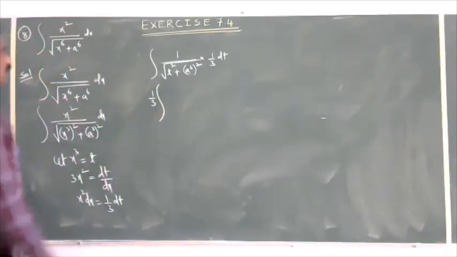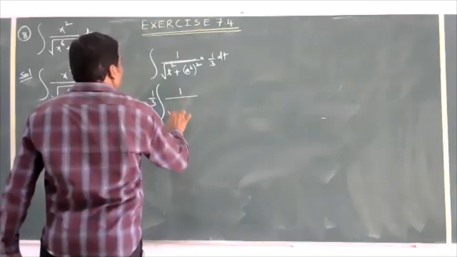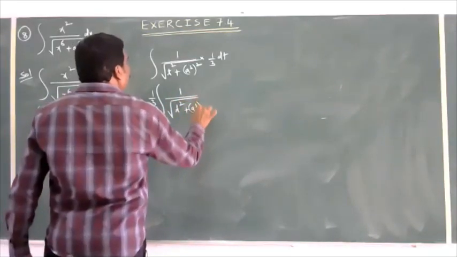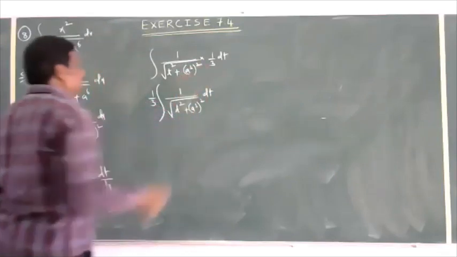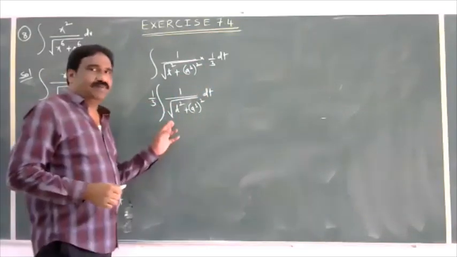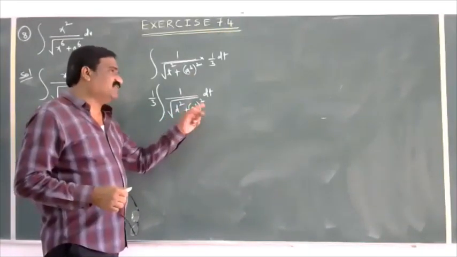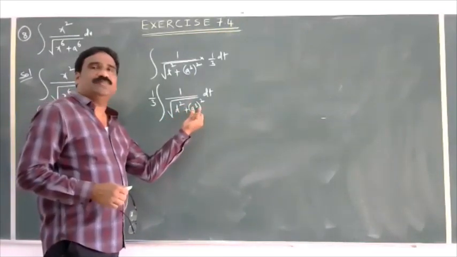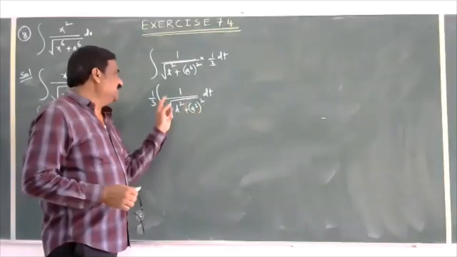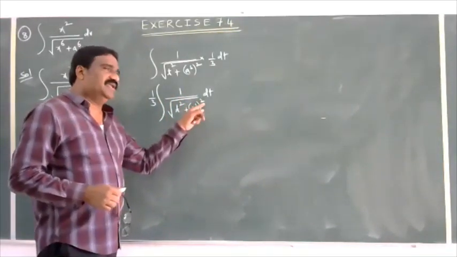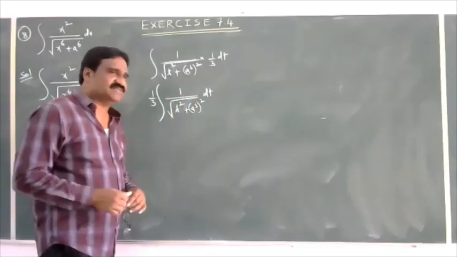So here 1 by root of t square plus a cube whole square into dt. So this is in the formula of integration of 1 by root of x square plus a square. You treat here a cube as a. That is the integration of 1 by root of x square plus a square formula.